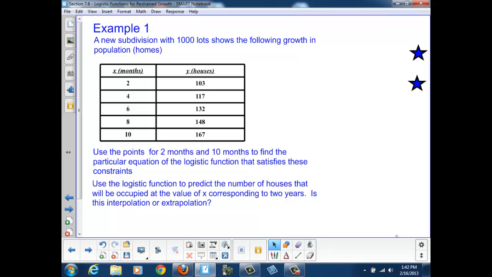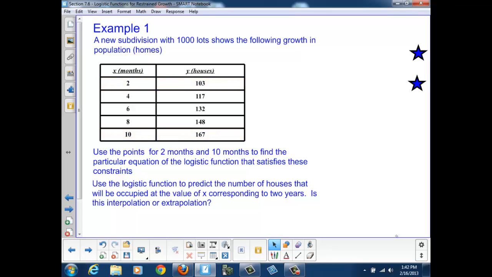Here we have our months for the time period, and the number of houses sold or built on this lot. So what we want to do is use the points for 2 months and 10 months to find the particular equation of the logistic function that satisfies these constraints.